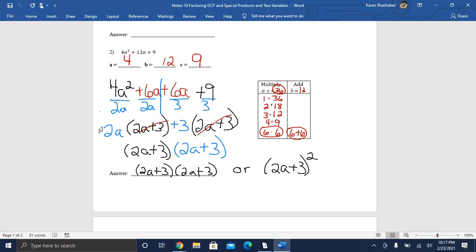So that's what we call a perfect square trinomial. When you have a perfect square trinomial, your final answer ends up being a parentheses that you could raise to the second power. So again, this is a perfect square trinomial.